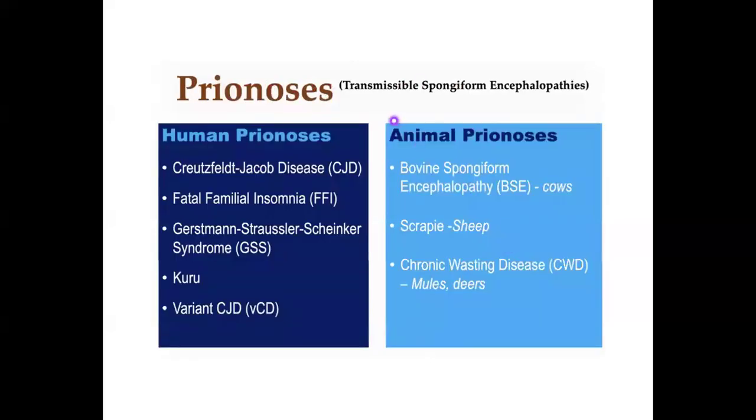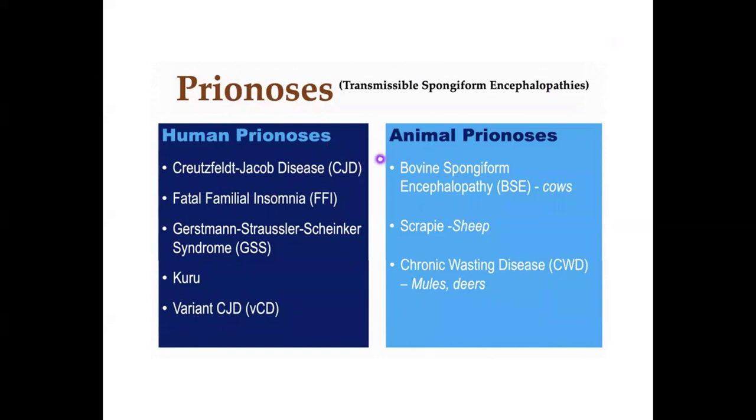For prions, we have human prions and animal prions. All of them cause something we call spongiform encephalopathy. Spongiform, from the word spongy, will cause a spongy appearance on your brain. Encephalopathy means it is affecting the brain. We have CJD, Creutzfeldt-Jakob disease. This is the most common one.